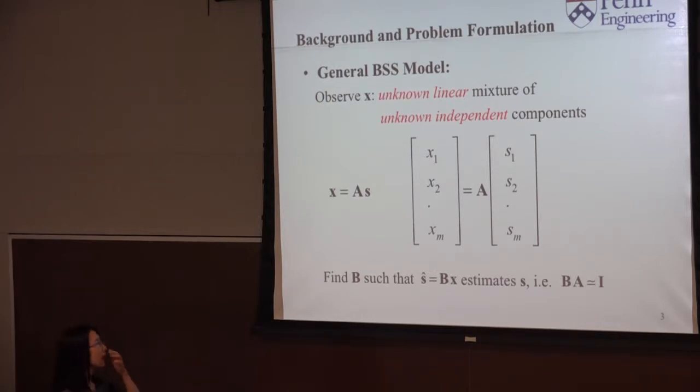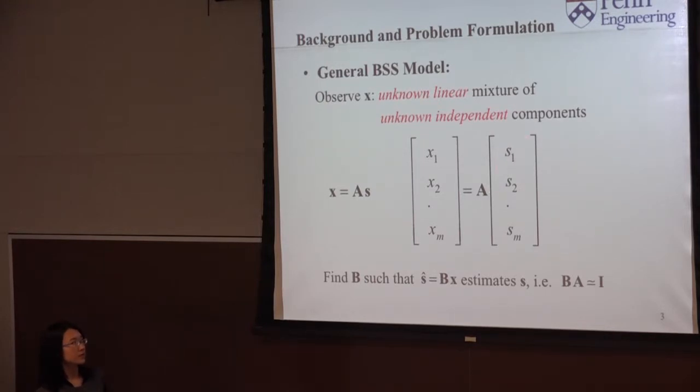What we can see is a linear mixture of the source symbols, the vector S here. So the problem for blind source separation is, based on these observations, to find the inverse process, so that we know what the mixture process is and what the source vector is.